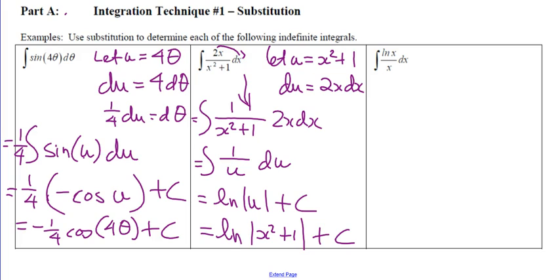So what you're looking for is, you're kind of looking ahead. If I let u be the x squared plus 1, then when I do du, I'm going to get the 2x, and 2x dx, look, I've got that expression here. So that's just going to be replaced by du, and then away we go.